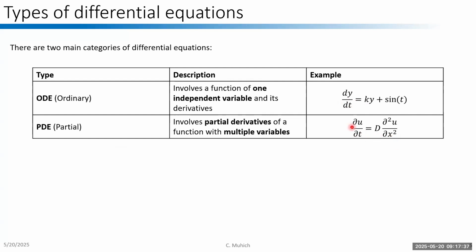We see this a lot in diffusion or other transport equations: the change in some variable with time is equal to some constant times the second partial derivative of that variable with respect to a spatial component. In this class, we're only going to be working with ODEs because solving PDEs is significantly more complex.